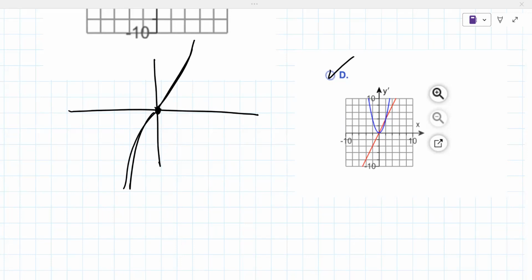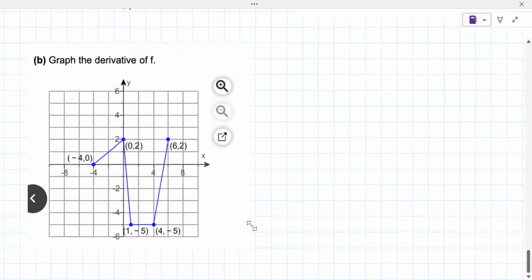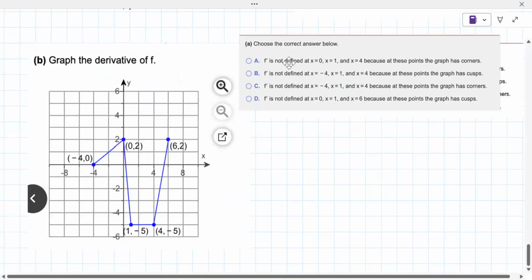Let me grab the graph of this, and then we'll grab the question. So the first question wants to know where the derivative is undefined.